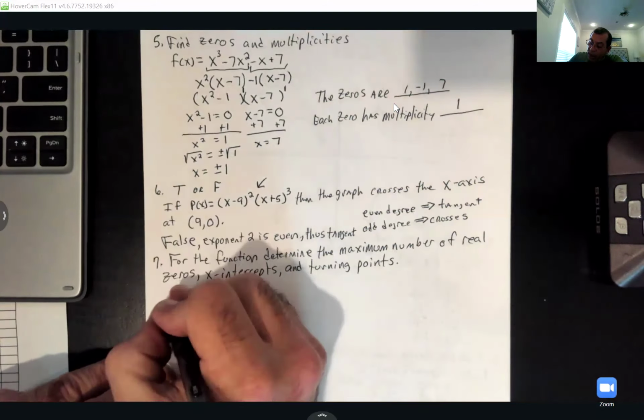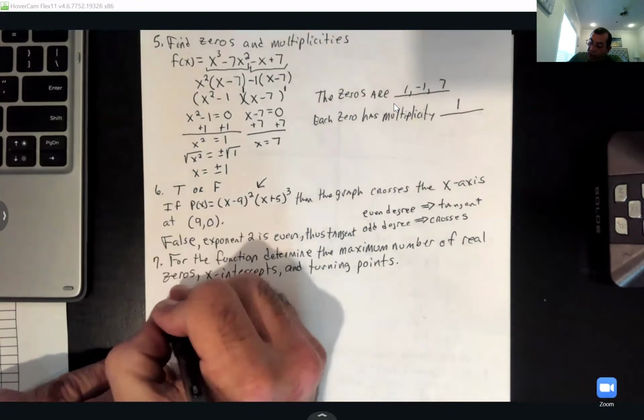So y'all remember this. The maximum real zeros is equal to the degree of that polynomial. So my question is, what's the degree of that polynomial? It's 4, definitely. Remember, the degree is the highest exponent, which is our 4. So if you got 4 real zeros, how many x-intercepts will I have?